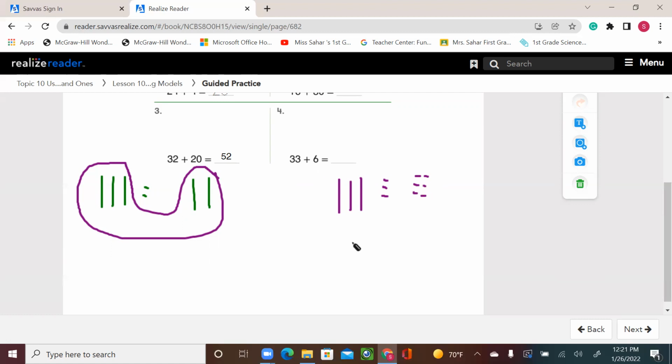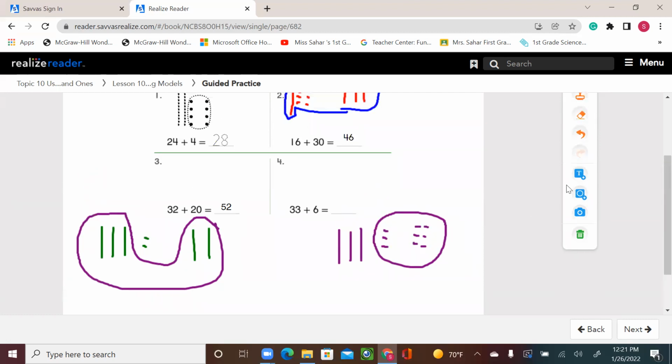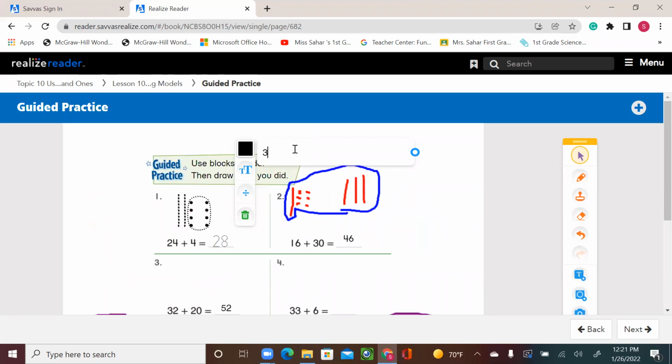So what I'm doing, I'm adding all the tens together. Here's my tens, nothing to add. And now I'm putting my ones in one circle or one group. So I have 10, 20, 30, and then count your ones, 3 and 6, 9. So 39. Let's write this down.